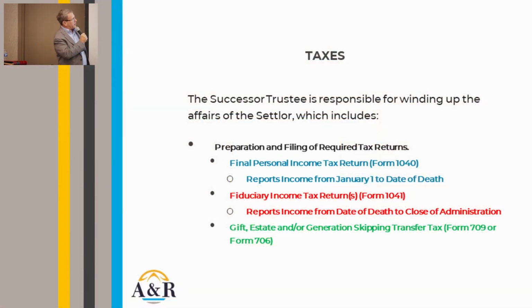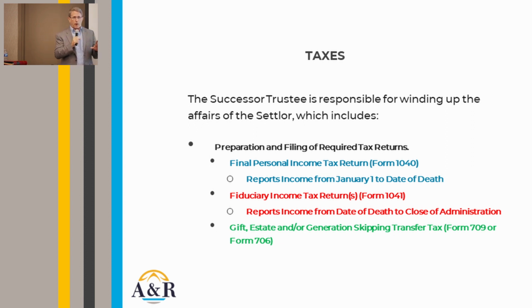So the tax filing is something that the successor trustee will actually sign this tax return. And there's going to be a tax return that's the final 1040 return, and our firm doesn't prepare those.